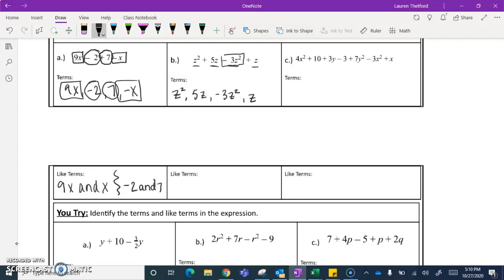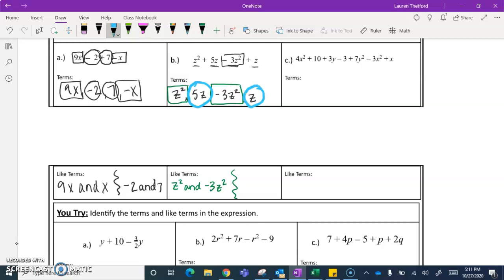Our like terms are anything that have matching exponents and variables. So in this case, I would box in everything with a z squared. And so I have z squared and negative 3z squared. And then I also have everything without the exponent. So this one will go blue.